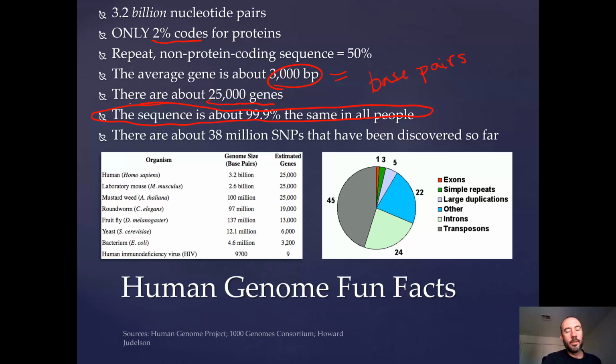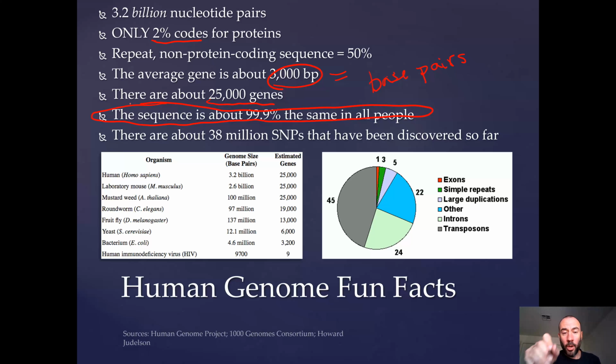That the sequence is about 99.9% the same in all people, which means that if you take any two people in the globe, and you go through their whole genome sequence, A, A, T, C, G, G, A, C, G, G, C, G, etc., it's going to be the same 99.9% of the time.